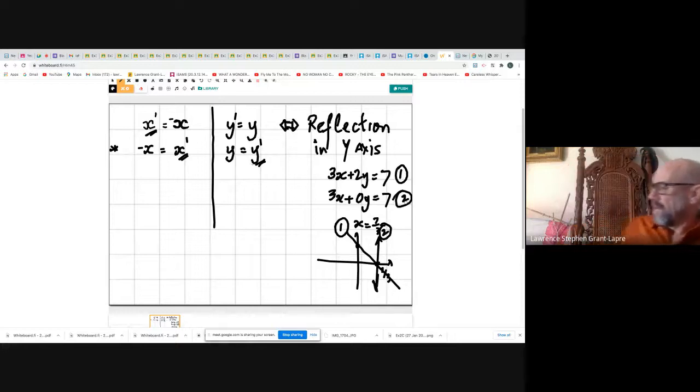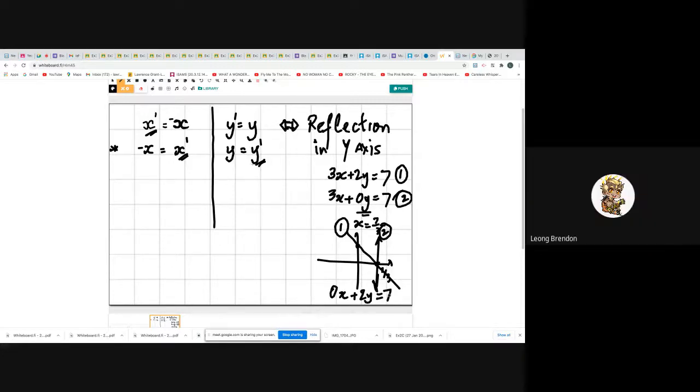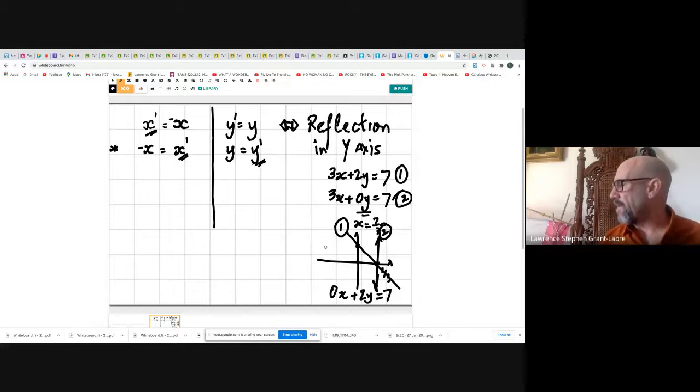They're straight lines. If I have a 0y, I've got a vertical line. What would happen if I had 0x plus 2y equals 7? What would that line look like? A horizontal? Yes, at 3.5. It would be up here. Notice, do I need to say 0x?